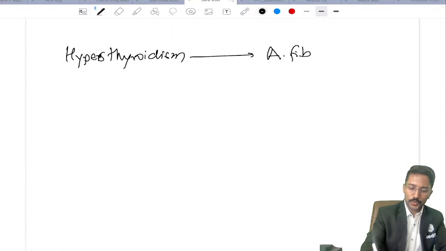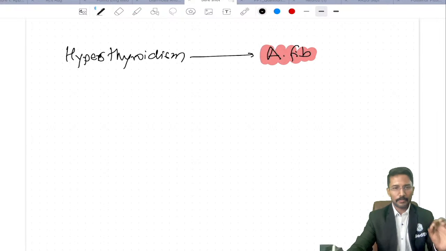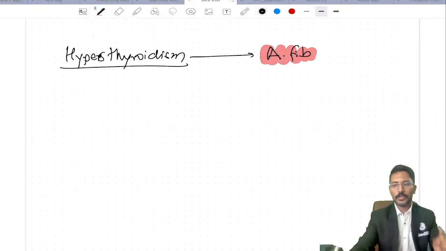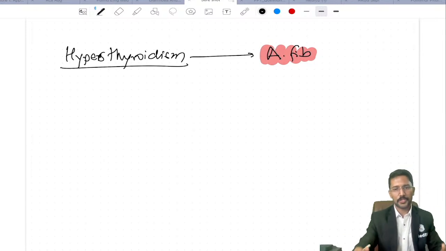Okay, there are two points you need to address about atrial fibrillation and hyperthyroidism. If you have atrial fibrillation which is caused by hyperthyroidism, will you give the patient antiarrhythmic drugs or not?